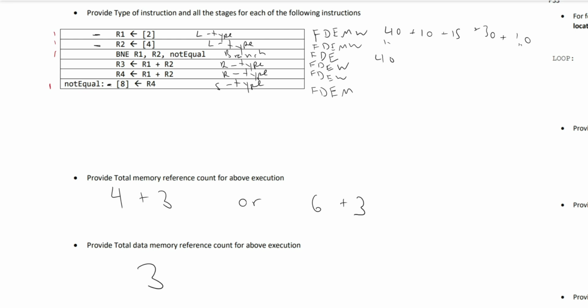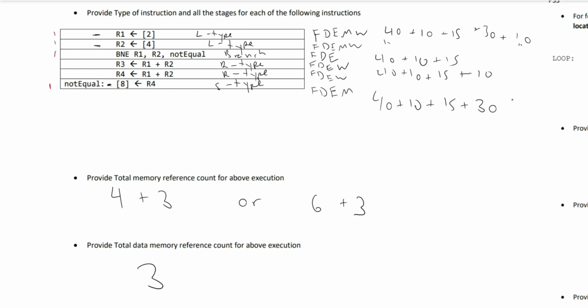This one is just 40 plus 10 plus 15. This would be 40 plus 10 plus 15 plus write back is 10. And the last one is 40 plus 10 plus exec is 15 plus mem is 30.